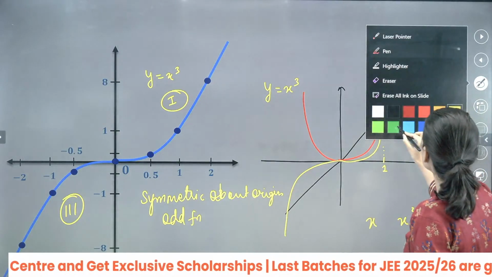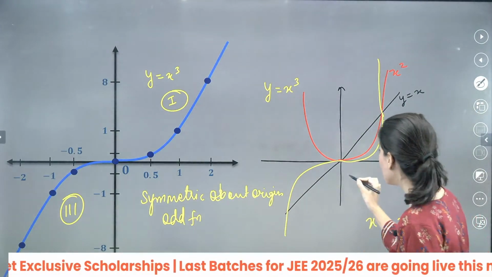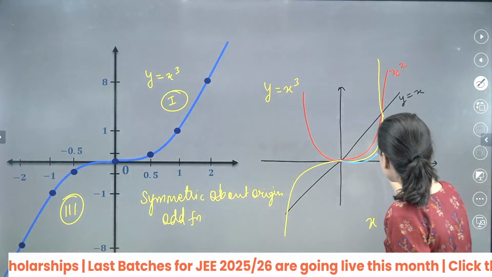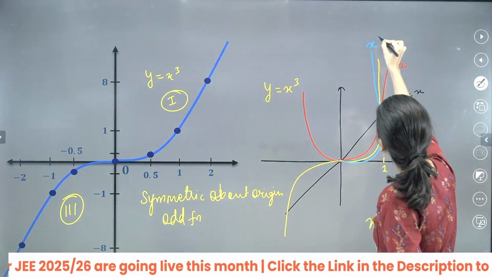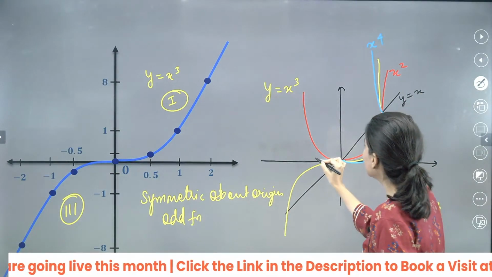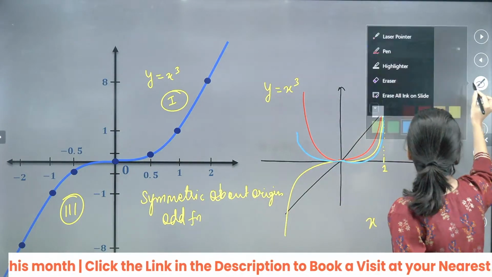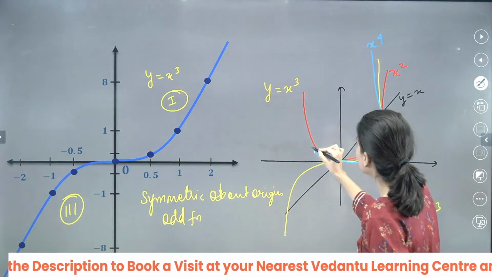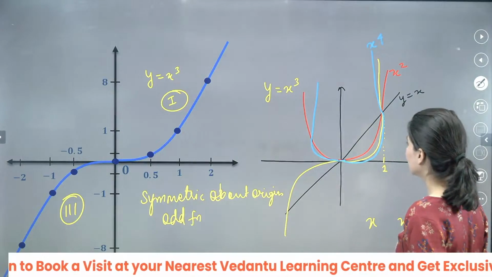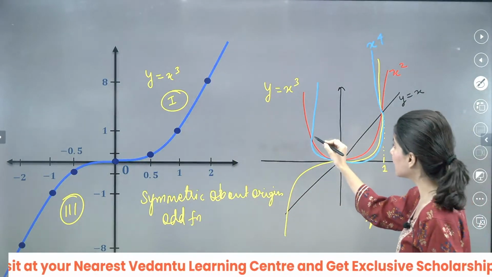The third graph I'm going to plot is x raised to power 4, which is even lesser than x cube, but after that it picks up. This is an even function, that's why we need to plot it this way. So x raised to power 4, if I plot it, will look like this. It will be below, and this is your minus 1.